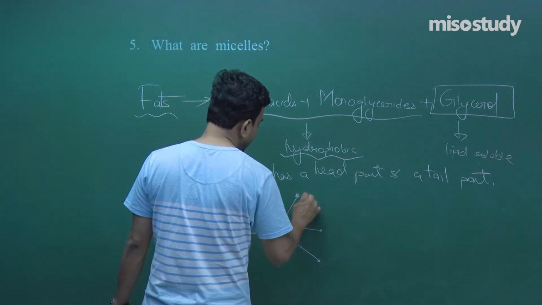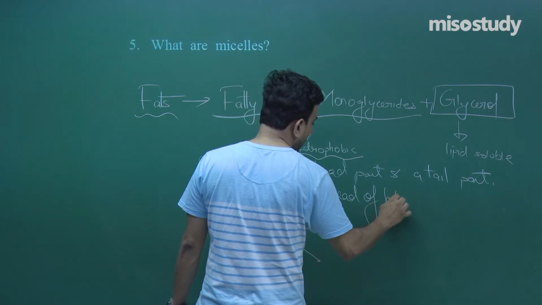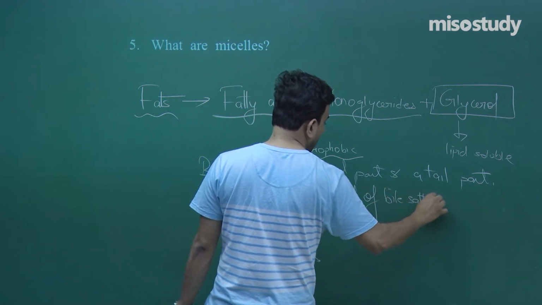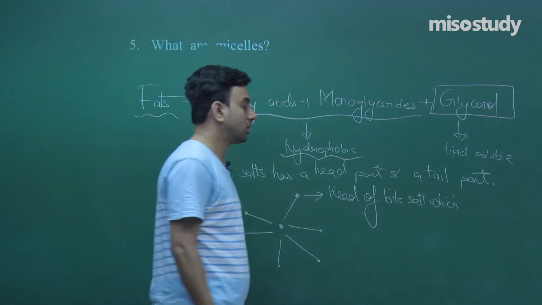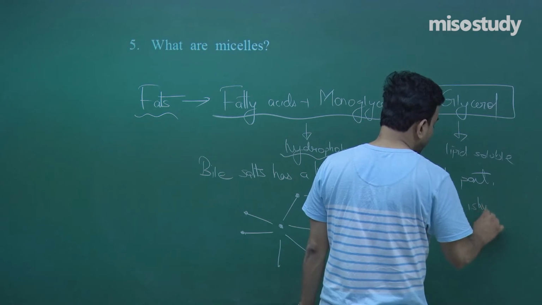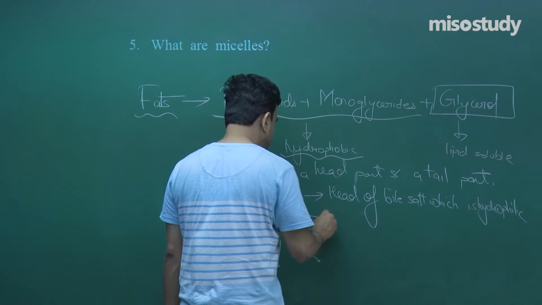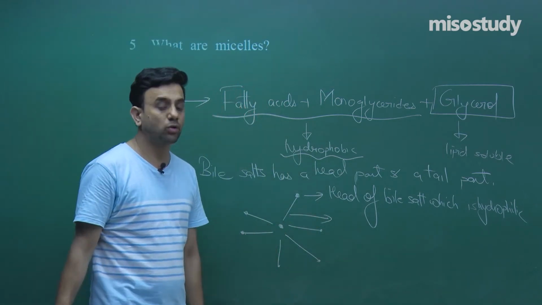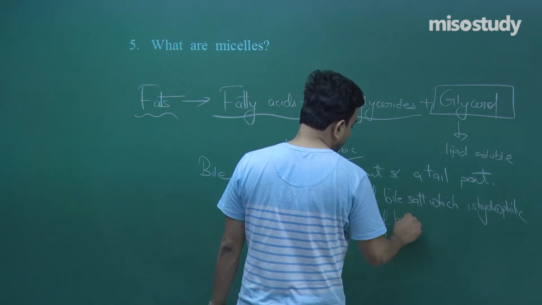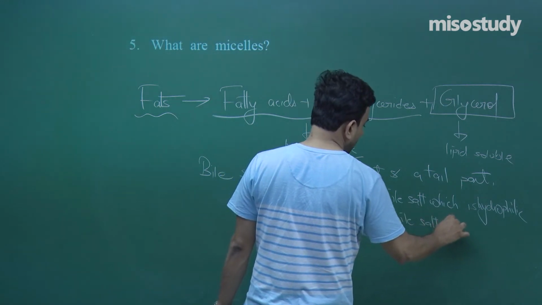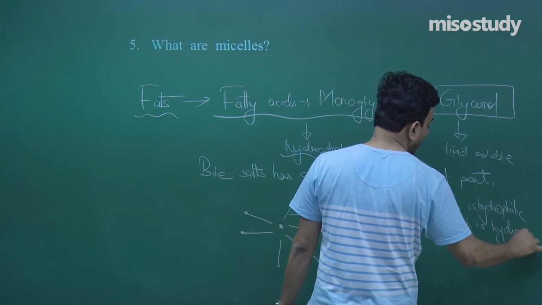Now, this is the head of the bile salt, which is hydrophilic, and these are the tail of the bile salts, which is hydrophobic, right. This is the tail of the bile salt, which is hydrophobic, right.